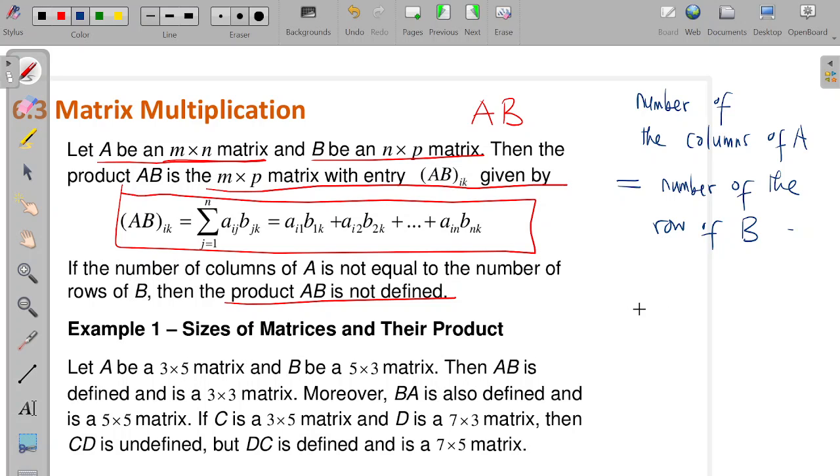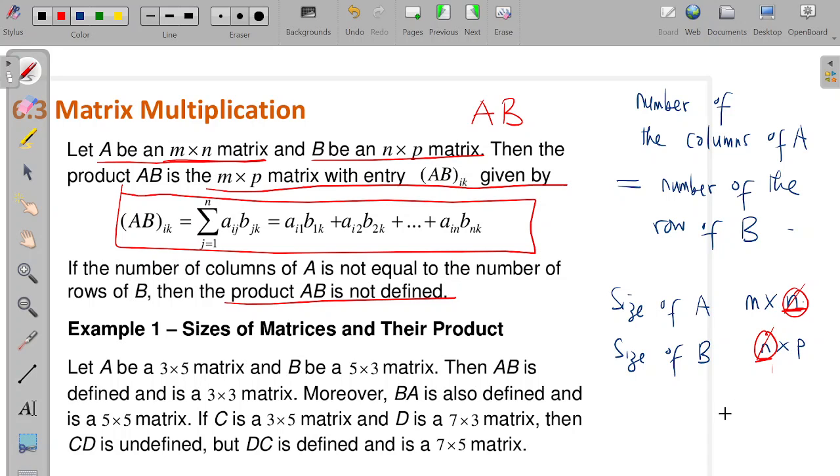Okay, in our case here, we see the size of A is m by n. The size of B is n by p. So you see, we represent the columns of A by n, and we represent the rows of B by n. So they must be the same. And then by the time you multiply them, it's like these two cancel out.